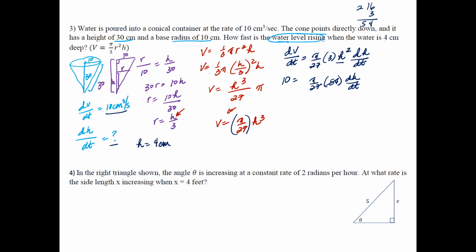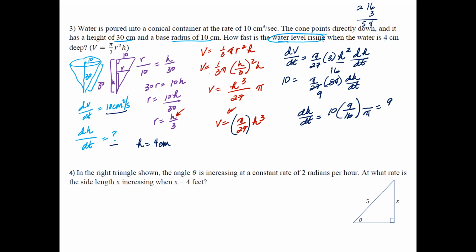And then, of course, I can reduce this if I divide it by 3. And then I can have a 16 over 9. And so let's solve for dH over dt, which will just be 10 times 9 over 16 divided by pi.